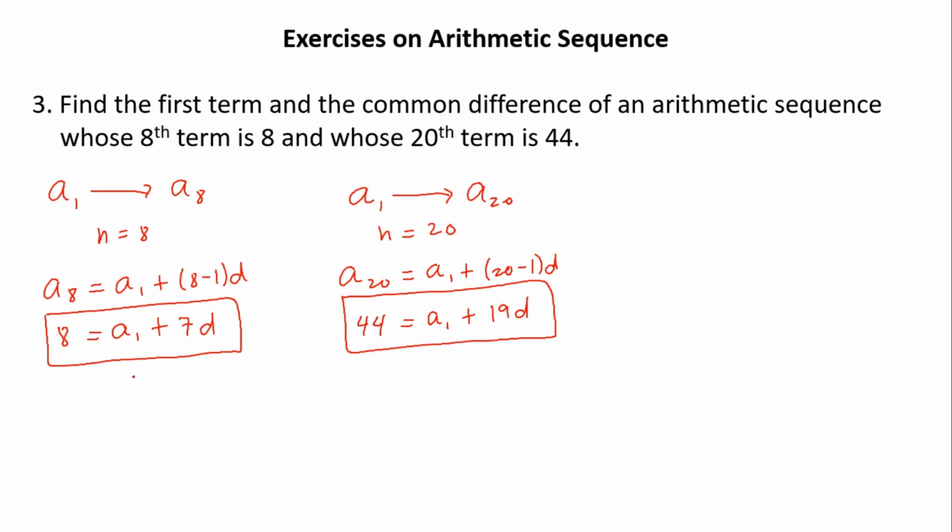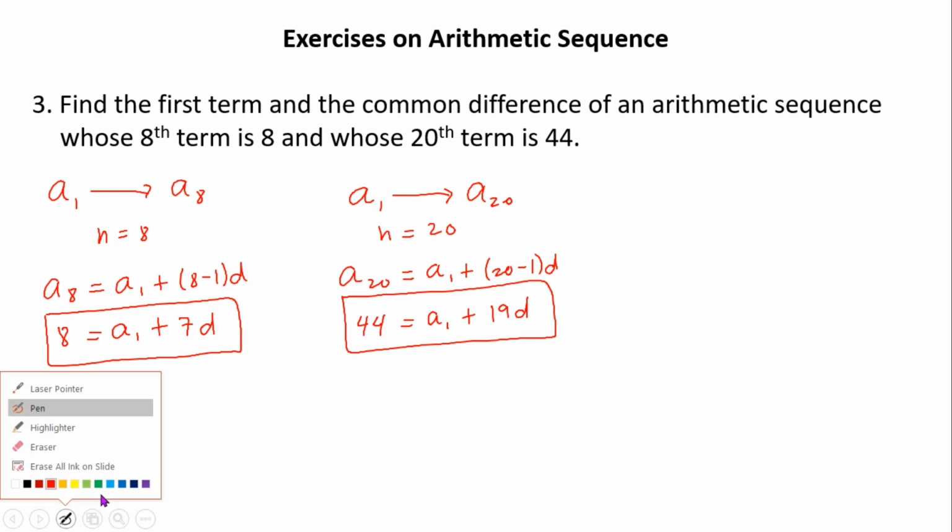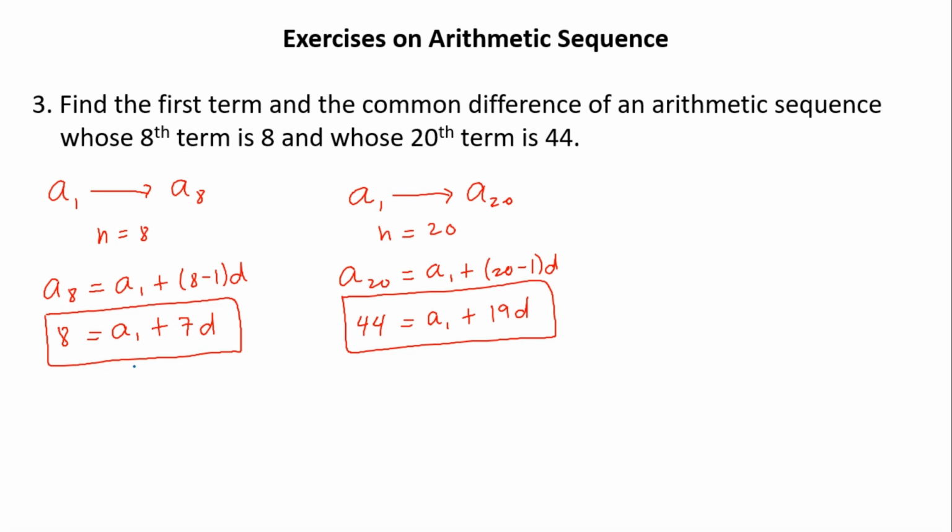Obviously, we can just eliminate a sub 1 and solve for d first, right? So we can do that by multiplying both sides of this first equation by negative 1. Alright, so we have negative 1 times a sub 1 plus 7d. So we have an equivalent equation which is negative 8 equals negative a sub 1 minus 7d.